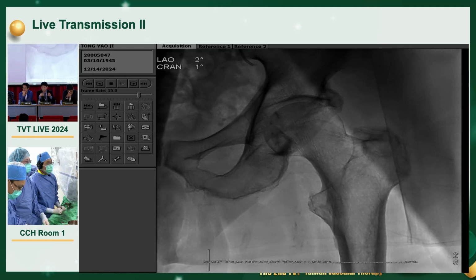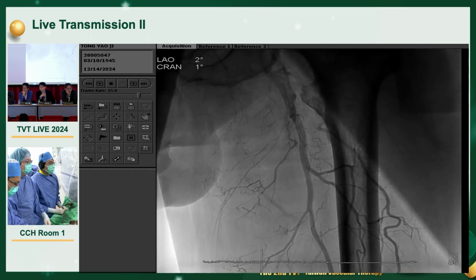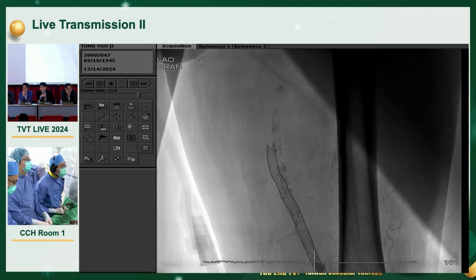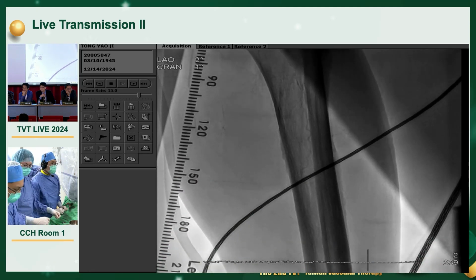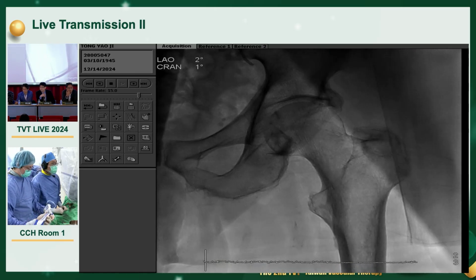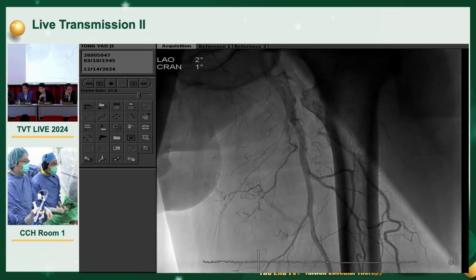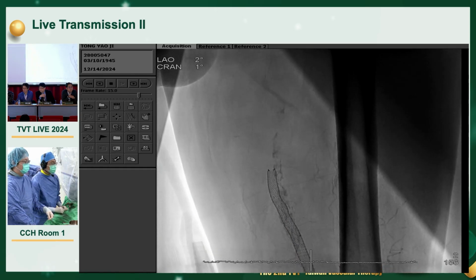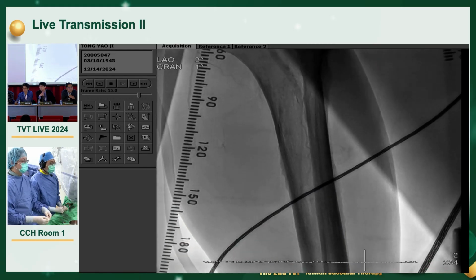The distal left SFA has a DES stent deployed last July. The in-stent is totally occluded, and the proximal to middle femoral is also totally occluded. This segment had PTA, DEB before, but the outcome was not good. So this vessel was left with severe restenosis.